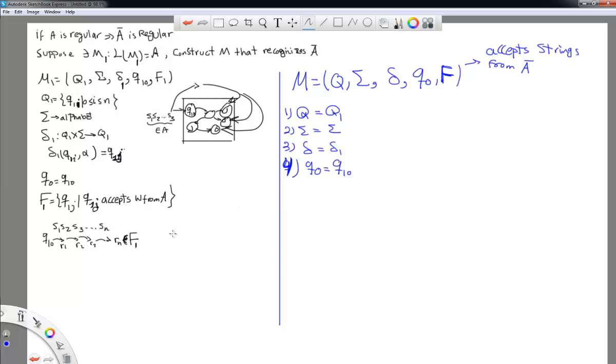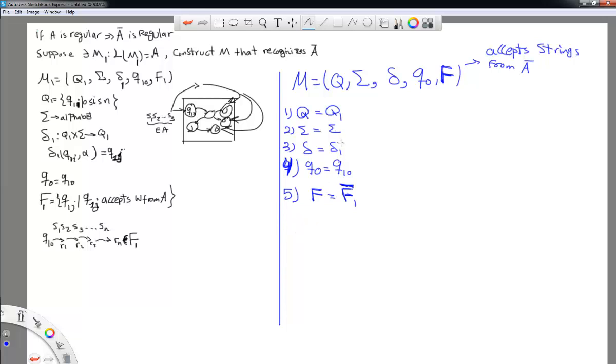So what I'm going to do is simulate my original machine, except that I'm going to make F to be the complement of F sub 1. And I pose that this machine actually accepts strings from A complement. Why?